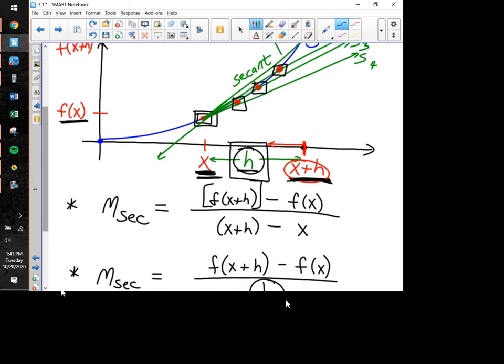We need to get it close to 0, and if we could let h approach 0, then this value of x plus h would approach this value over here, and those red dots that kept sliding farther and farther to the left are eventually going to give us a second red dot directly on top of the first red dot. And that new quote-unquote secant line is going to look something like this.